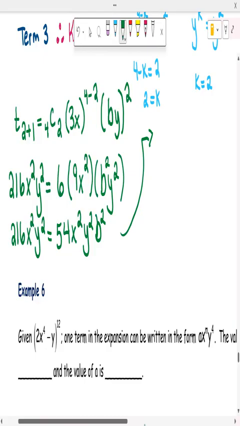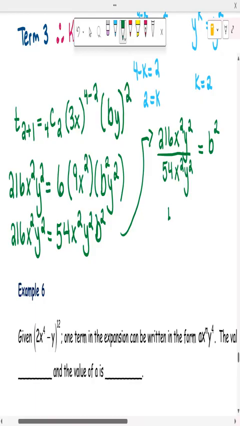So then we have 216 x squared y squared divided by 54 x squared y squared equals b squared. Now 216 divided by 54, 4. And then the x squared y squareds divide out. So then we have 4 equals b squared. And then what do we do to both sides? Square root. Now, normally, I would say b equals plus or minus 2.